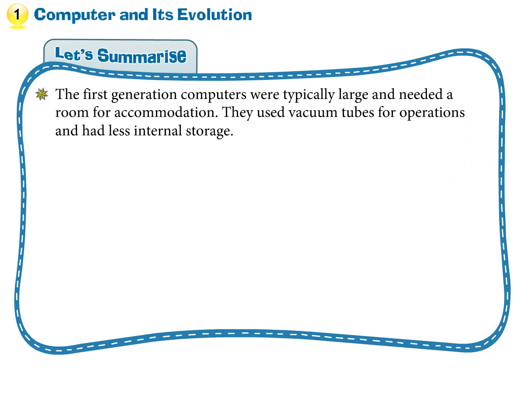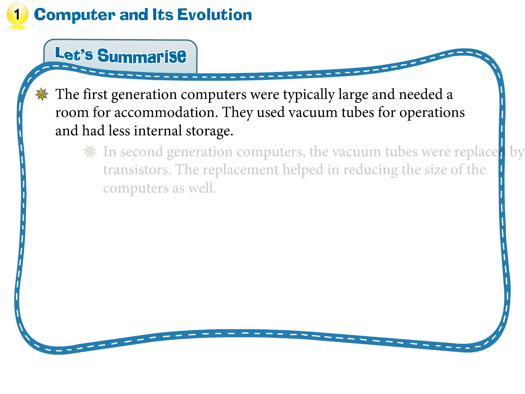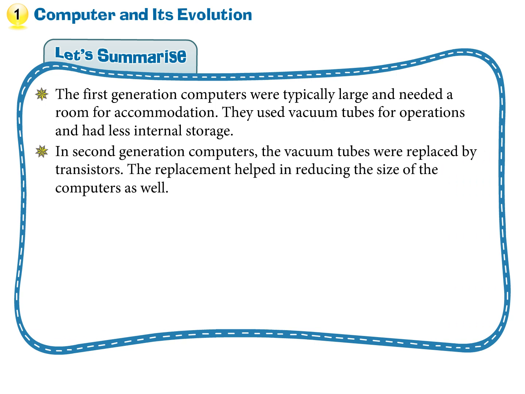The first-generation computers were typically large and needed a room for accommodation. They used vacuum tubes for operations and had less internal storage. In second-generation computers, the vacuum tubes were replaced by transistors. The replacement helped in reducing the size of the computers as well.